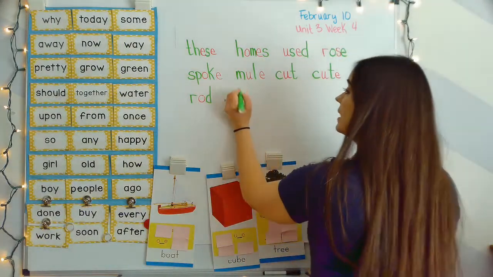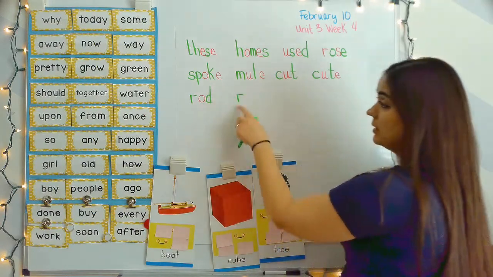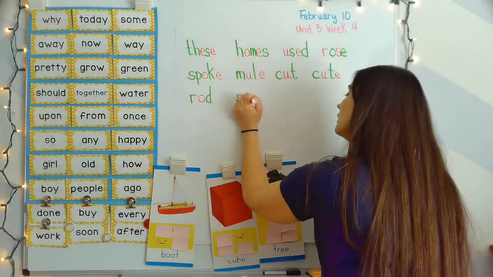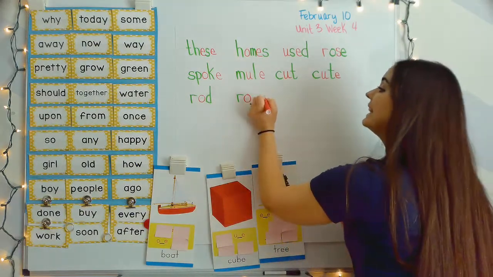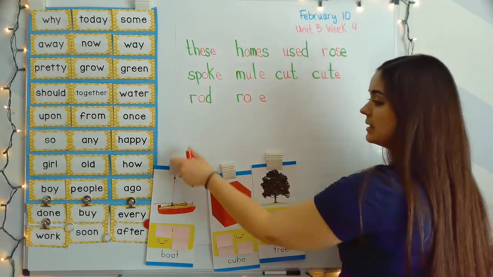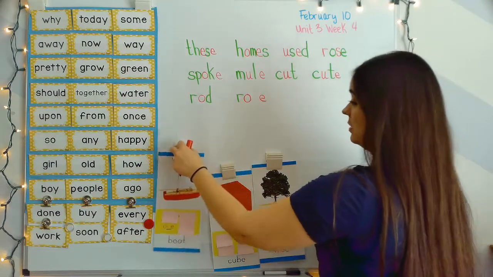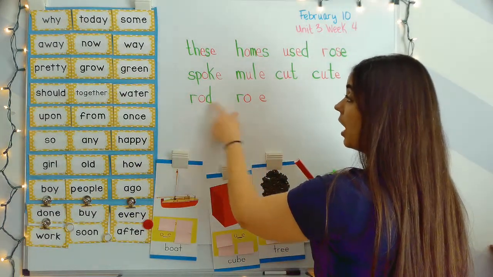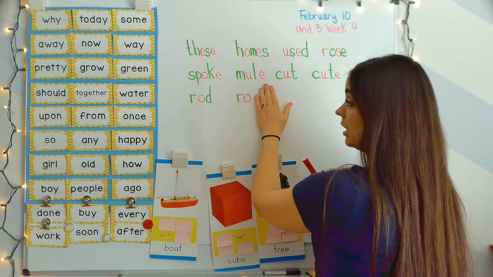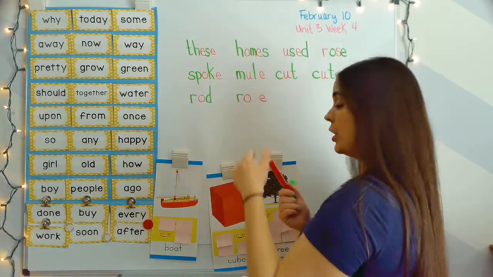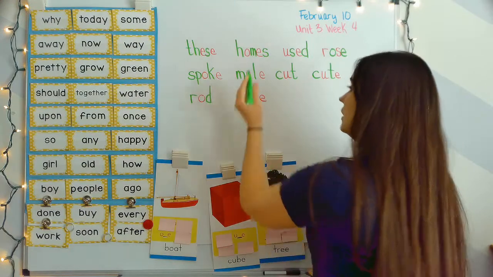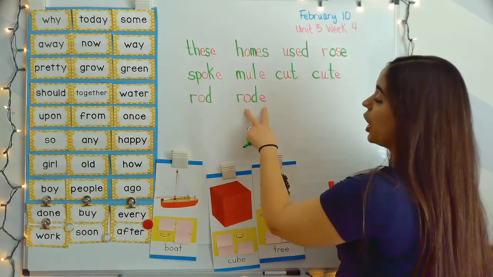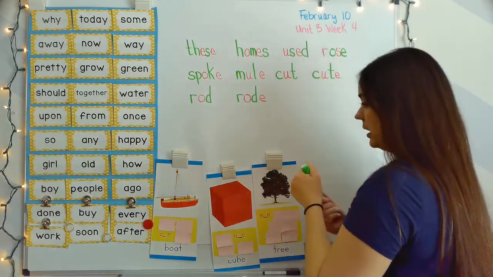But if we add an E to that word, R says... O blank E says O, like the boat card. O. Now it's no longer... Okay, this is add an E, O. And D says da, ode, road.